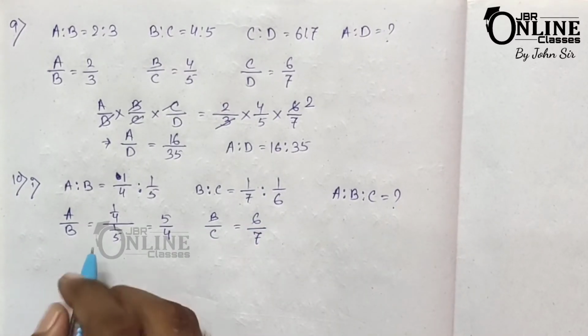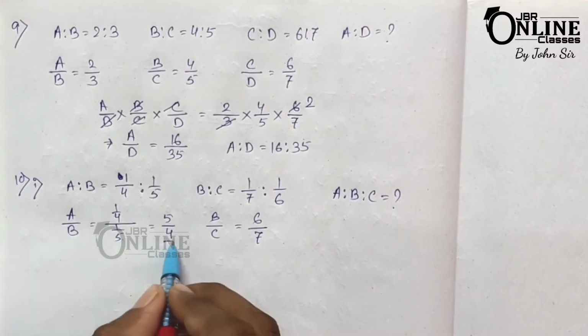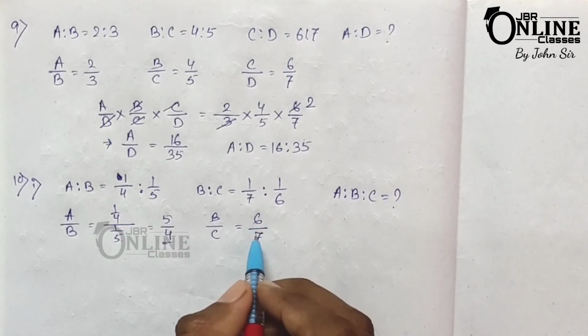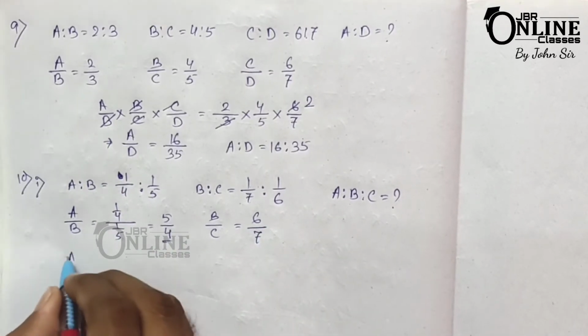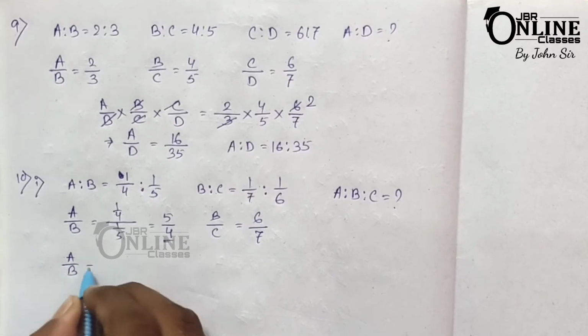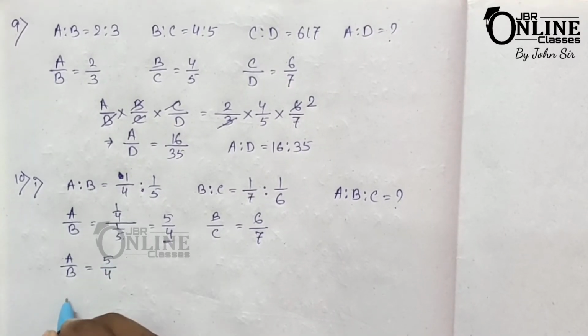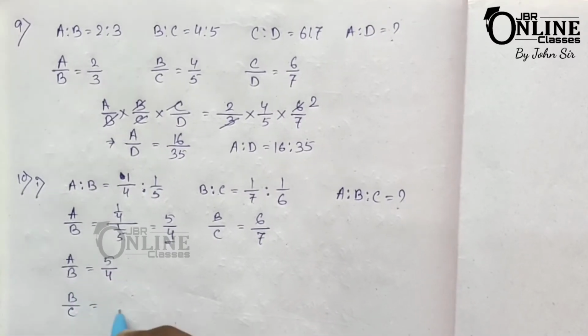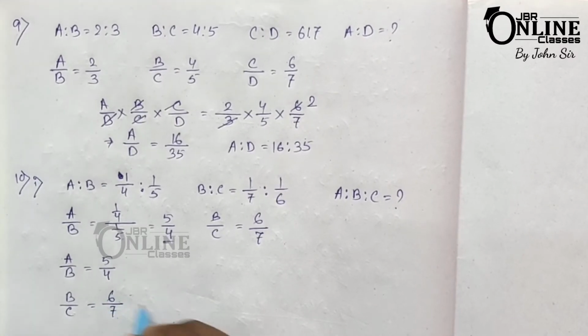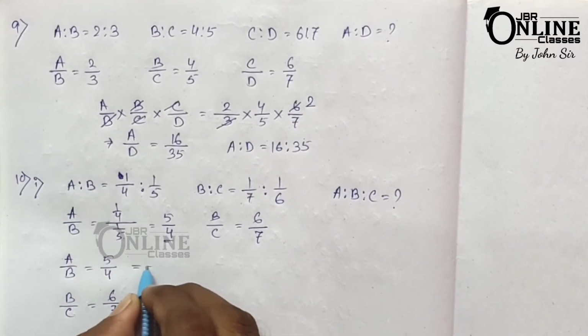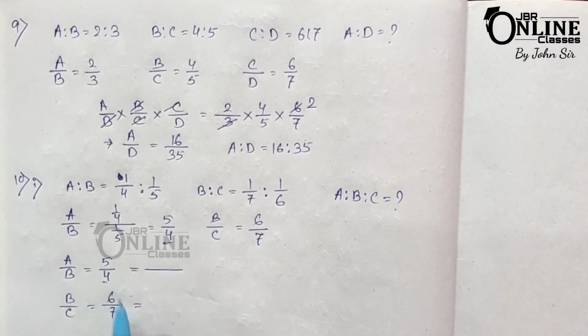Okay, so first here B equals 4 and here B equals 6.